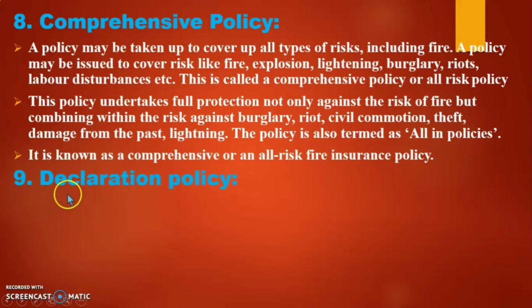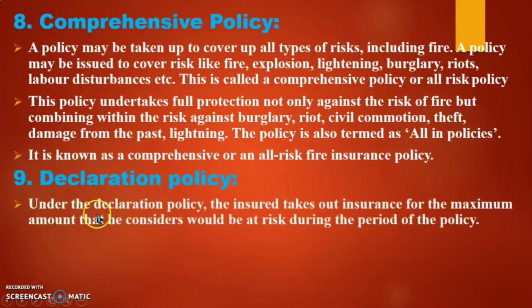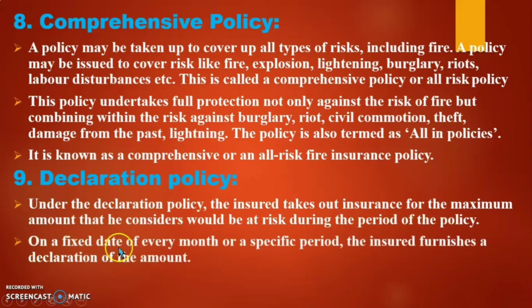Number 9, declaration policy. Under the declaration policy, the insured takes out insurance for the maximum amount that the stock would be at risk during the period of the policy. On a fixed date of every month or a specific period, the insured furnishes a declaration of the amount.